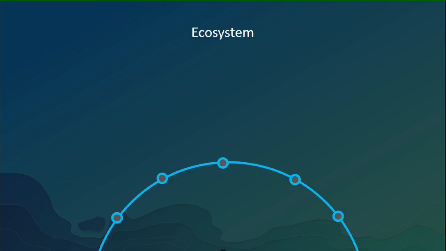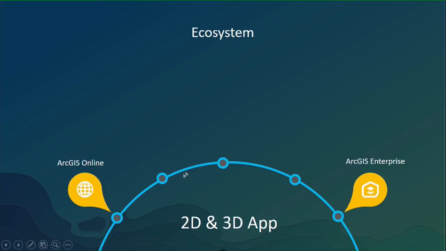But the first thing I want to talk about is this ecosystem of Web AppBuilder. We know Web AppBuilder creates 2D and 3D apps in the cloud and on premises. It also allows you to further your workflow with the Developer Edition SDK.